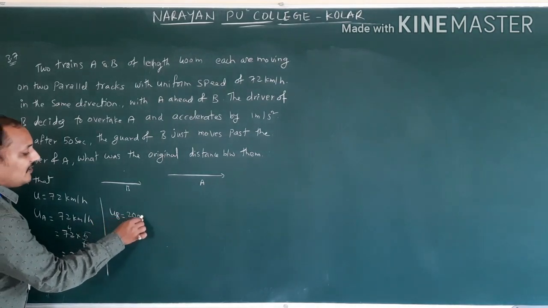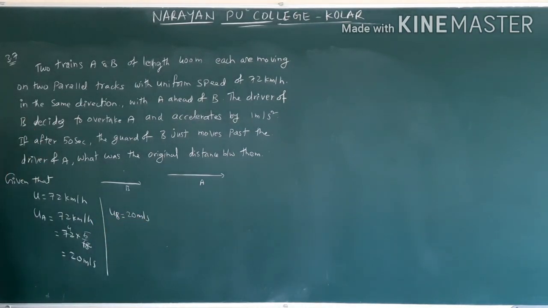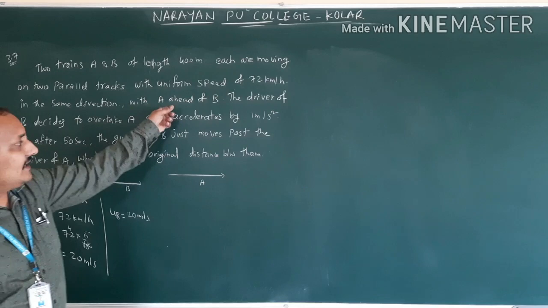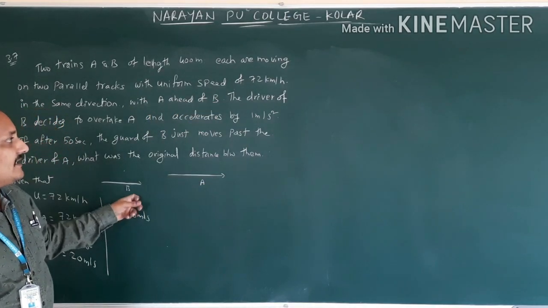Now UB is also 20 meter per second, because both are moving with the same speed, the same velocity, in the same direction. A is ahead of B. A is moving first, next B is going.